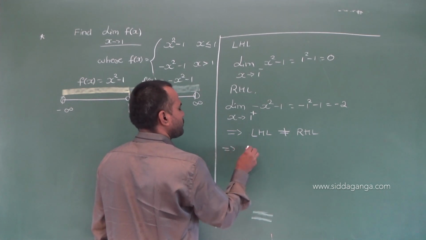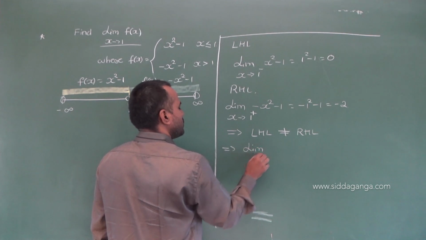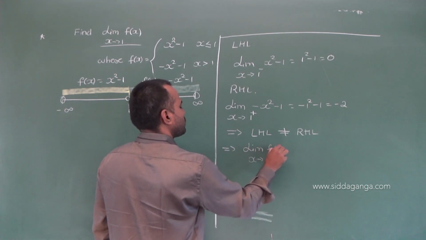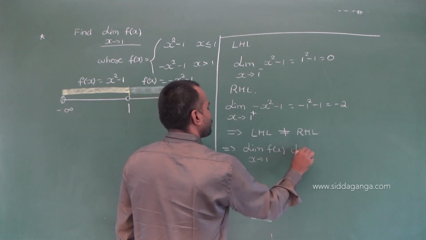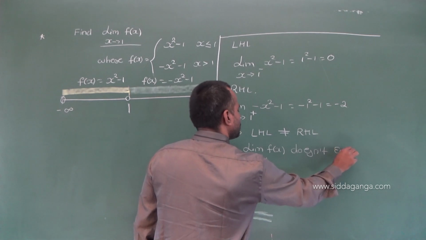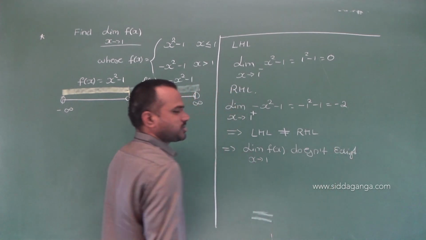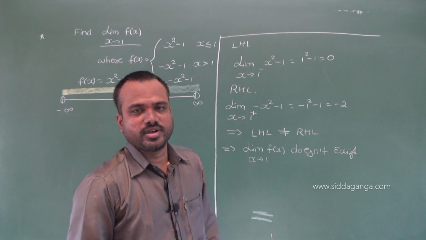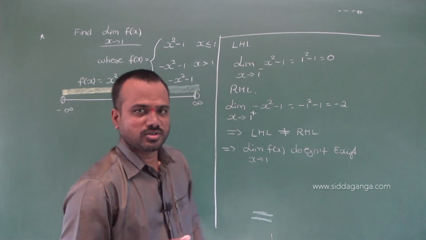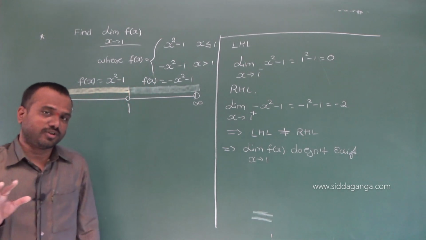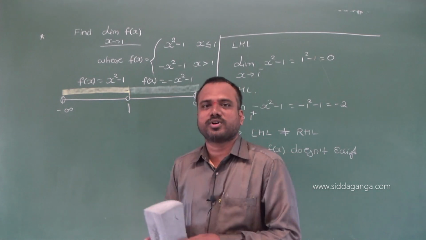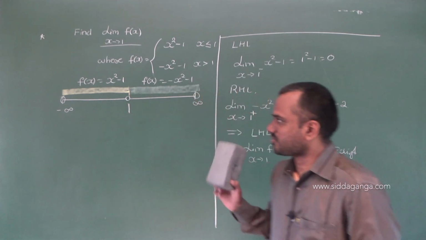That implies limit x tends to 1 of f of x does not exist. Observe the problem very carefully. Only if both the values are the same does the limit x tends to 1 of f of x exist.